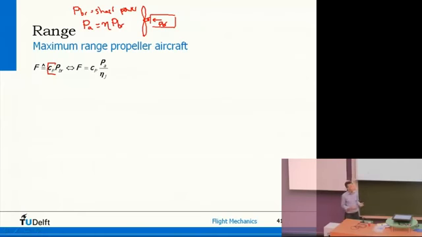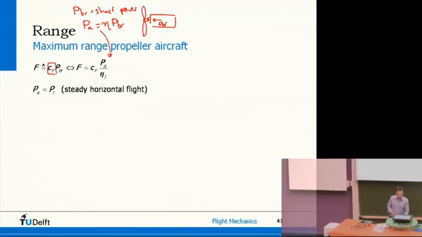So there will be some kind of a variable, and it depends purely on your engine, that tells you how much fuel you're using depending on the shaft power. So combining that with this equation for power available, you can say fuel flow is this fuel consumption parameter, Cp, multiplied with power available divided by the efficiency.